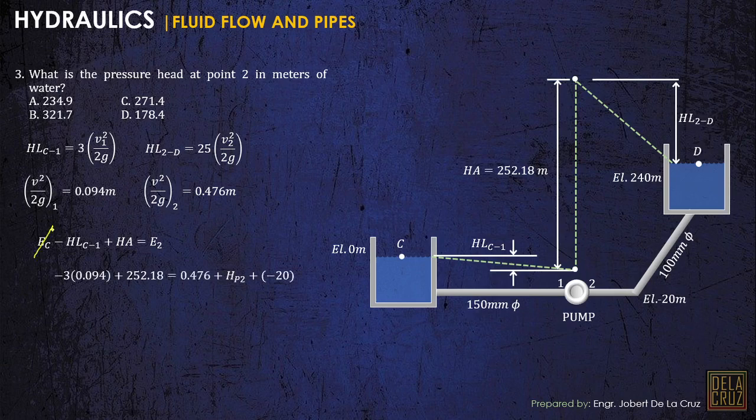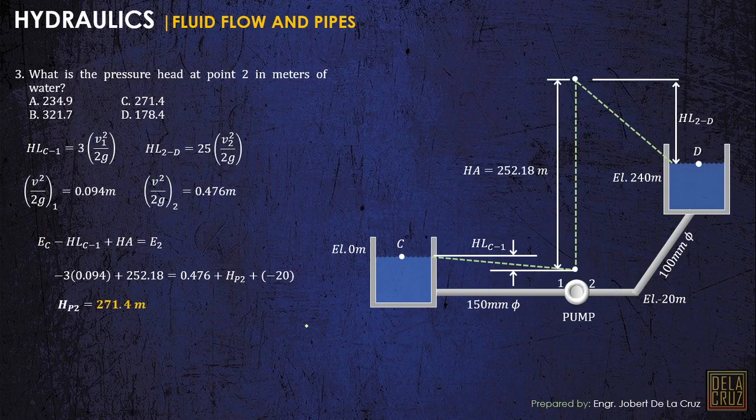Again, EC is 0 because the elevation here is 0. Automatically, the head loss from C to 1 plus the head added, which we calculated here, equals the velocity head at 2, which is 0.476, plus the pressure head at 2, plus the elevation, the same as negative 20. Then we solve for HP2.